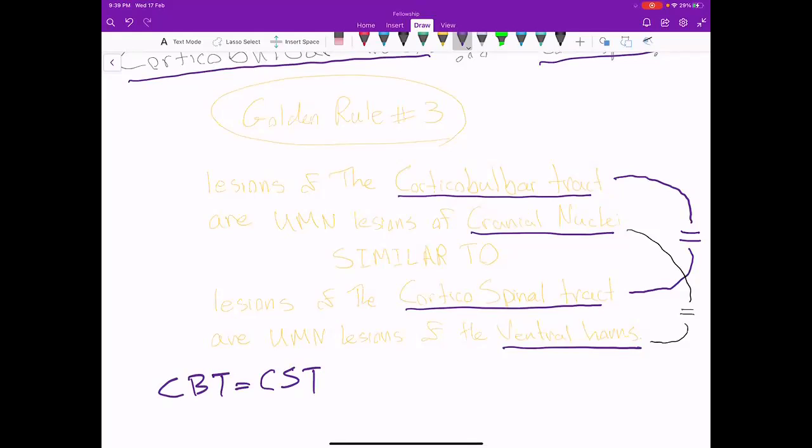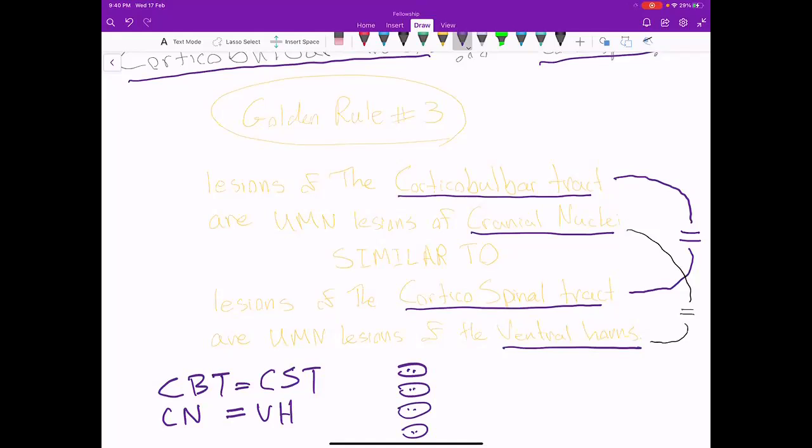Now we're talking location. Upper motor neuron, lower motor neuron, like I said in the very beginning, is not location. Corticobulbar tract is in the face. Corticospinal tract is in the spine. Clear? Just like the cranial nuclei, they're the same concept as the ventral horn. In the ventral horn, remember we said each spinal segment had its own ventral horn in the gray matter.